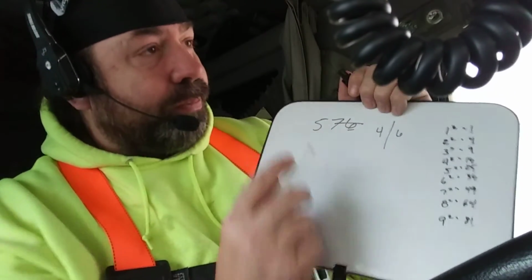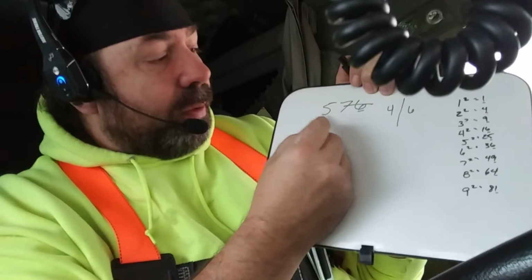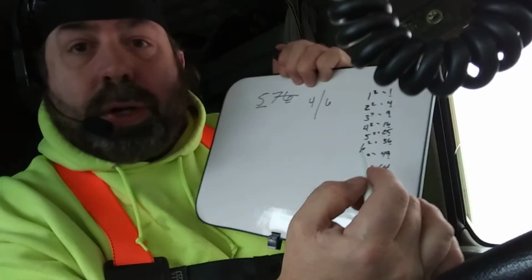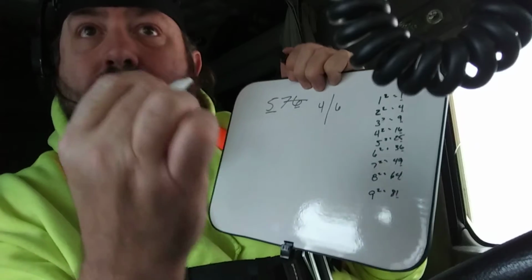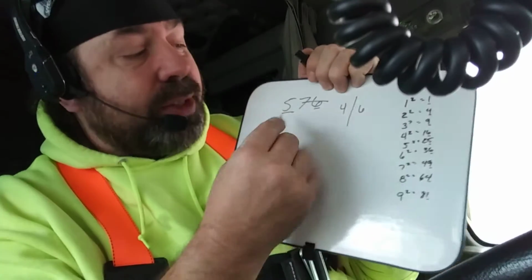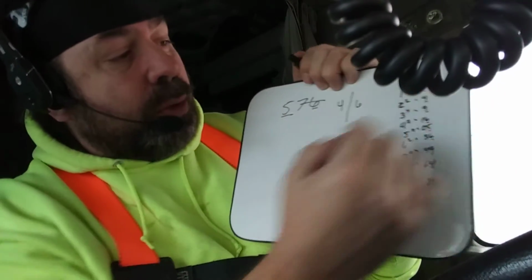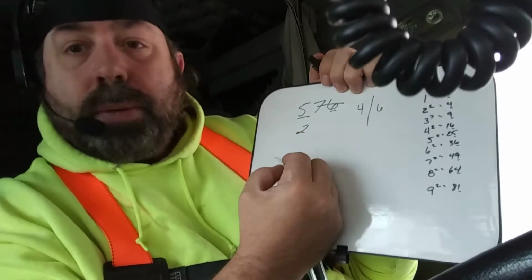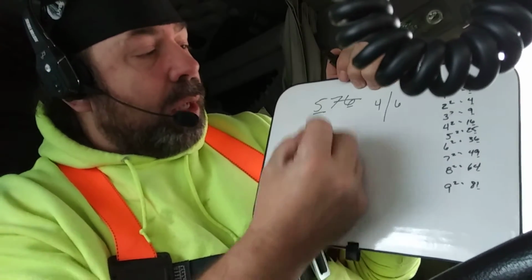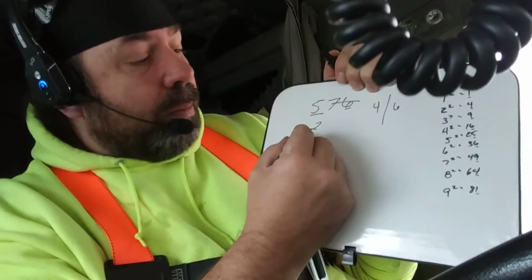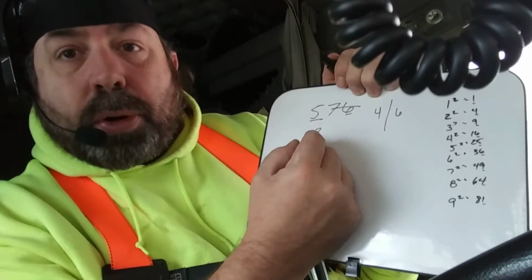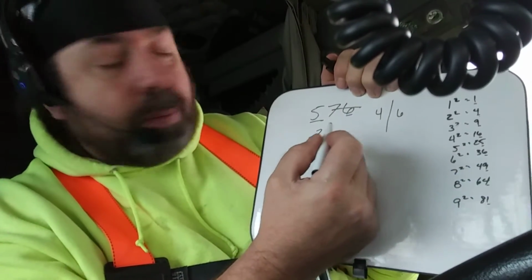Now we've got the 5, right? We're going to look for the number that correlates here that's going to be less than the 5. So we've got a 2 here, which is 4, right? So now we've got the first number in our square root.